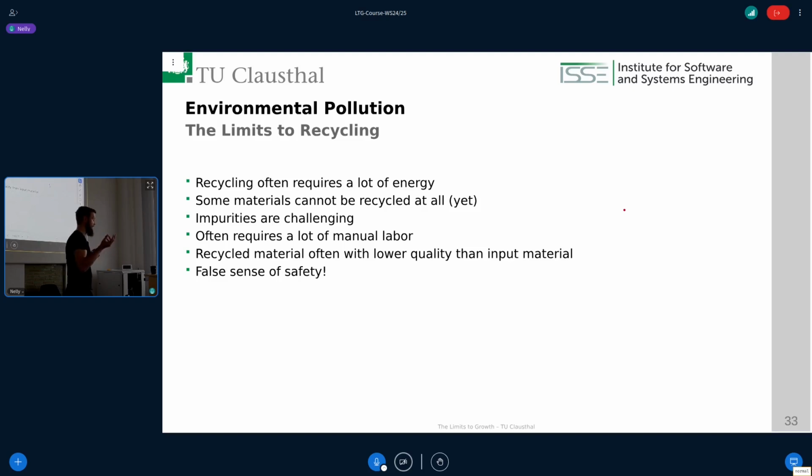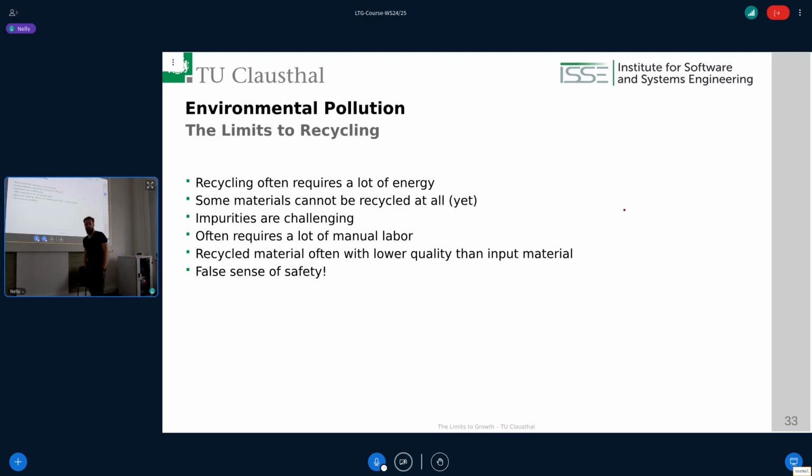Still, in our trash bin, there's always a lot of plastic in there. And those impurity challenges essentially cascade through the system. The people in the initial sorting mess up because they are lazy, or because it's just very difficult to separate different parts. And we talked about the lower quality part.